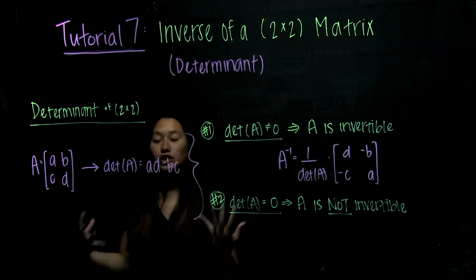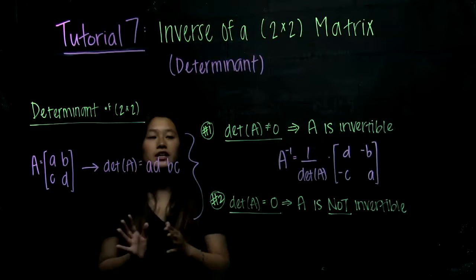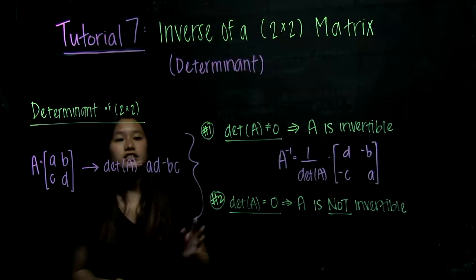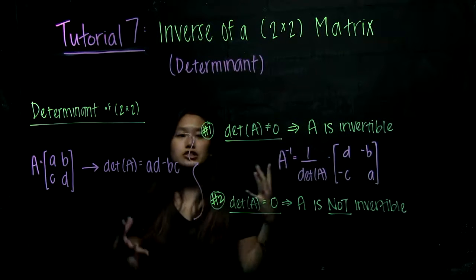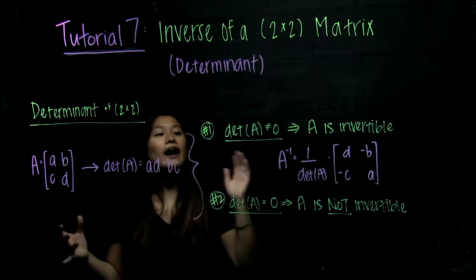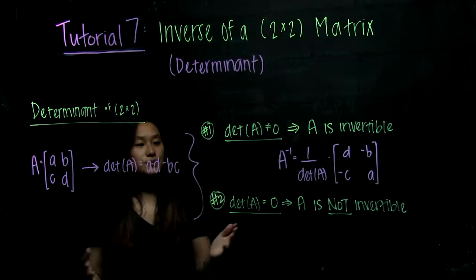Now that you know the determinant of the 2 by 2 matrix, you can determine whether or not your matrix is invertible. So first off, if the determinant of the matrix is not equal to 0, that implies that your matrix is invertible.